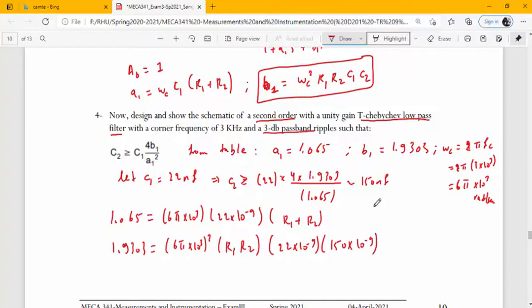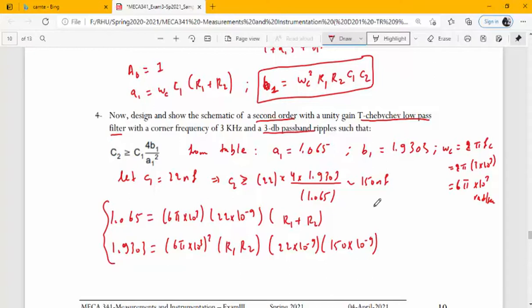We have two equations and two unknowns. You can bring those numbers to the other side, find R1 equal to some number over R2, and substitute it in the first equation, so you have an equation all in R1.